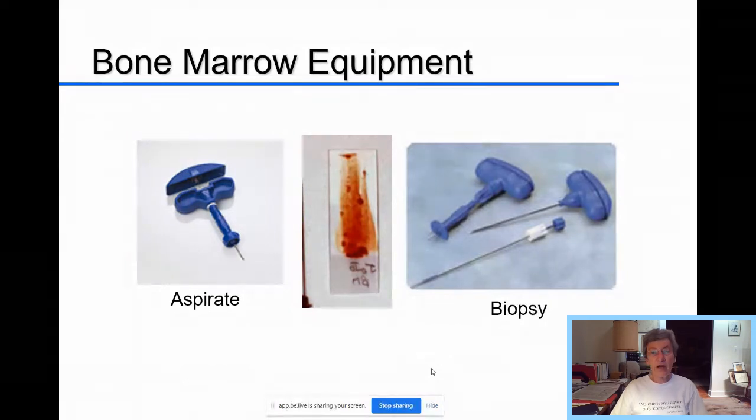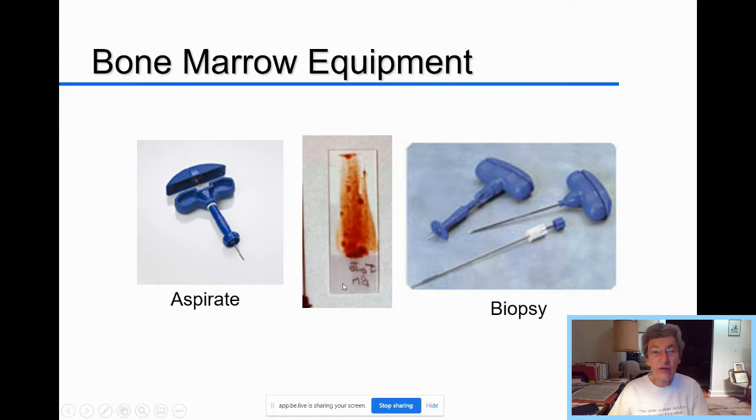A bone marrow test, which many of you have had or have seen, involves a needle to aspirate the marrow, or longer needles to take a biopsy, which is an intact piece.